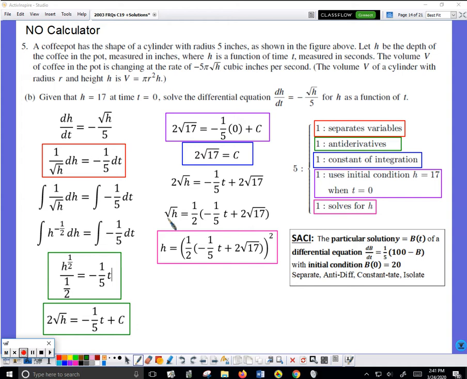To get rid of the root, I square both sides. Be careful where you put the parentheses. The 1/2 must be within the squaring. So there's a little parenthesis here, small parenthesis here, big parenthesis squared. Now h is alone. I've earned the fifth of the 5 points.